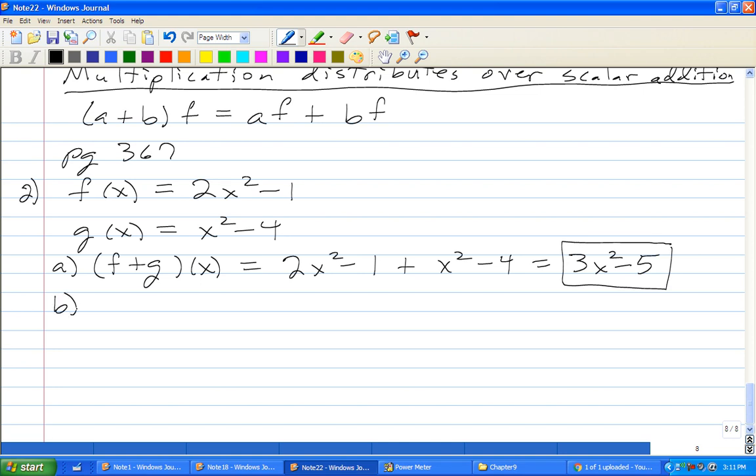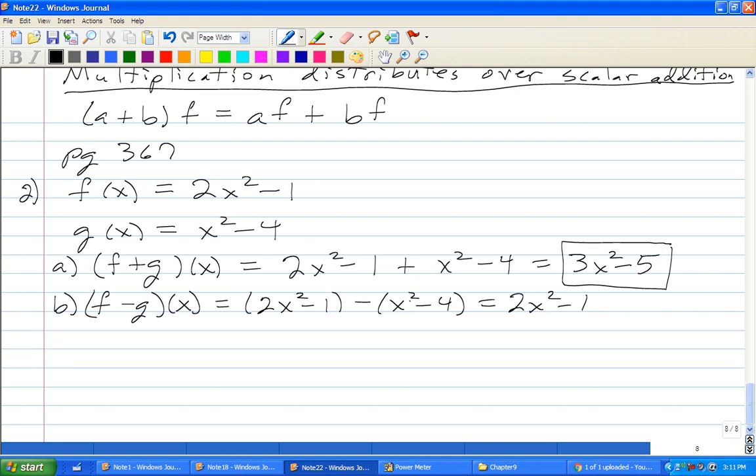B. F minus g. Well, f minus g is defined pointwise as f minus g, which is just equal to 2x squared minus 1.